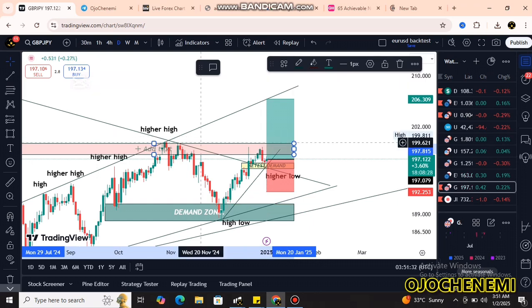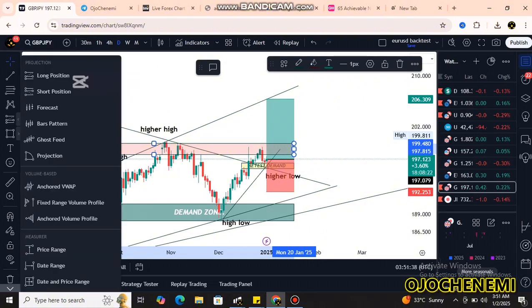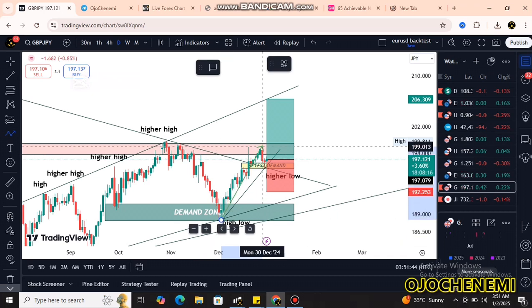We'll come back here. So this is what we are expecting. After this retest, we'll break here. We'll break this zone right here, this supply zone. After I break this supply zone, we'll retest, then we'll continue our move. So I want to show it to you, and I'll be entering this trade right away.